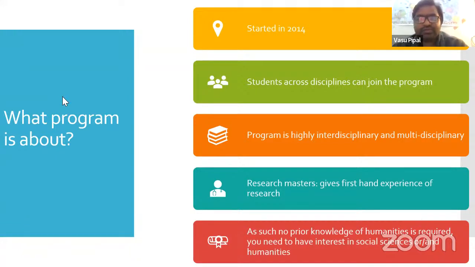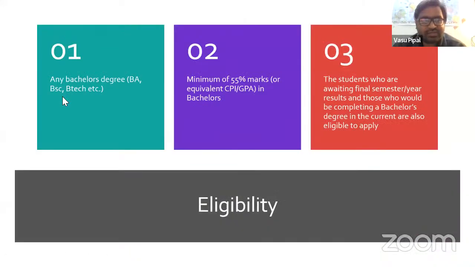So, coming to the eligibility, as many of you have seen in the notification issued by the HSS Department of IIT Gandhinagar. As I said, there is no requirement of any prior knowledge of humanities, so you don't need any specific degree in humanities. You can be a bachelor in any of the streams like science, BTech, BCom, BA, anything.